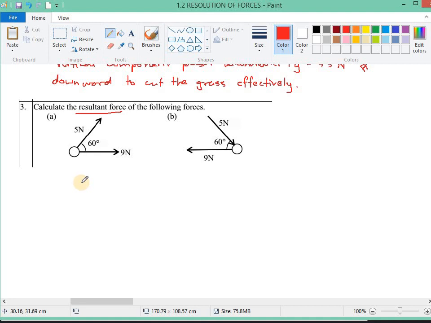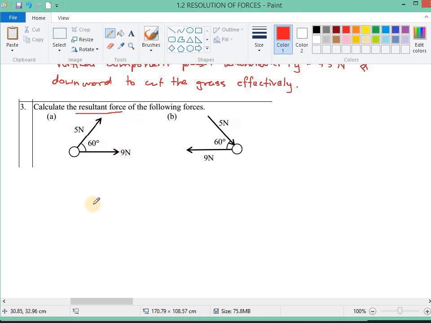Previously we learned that if it is not 90 degrees, then we have to use the scale diagram. That means you draw a scale diagram where the length of the line represents the magnitude of the force, and by using a ruler to measure the length of the lines, you can get the magnitude of the resultant force. So what is resultant force?